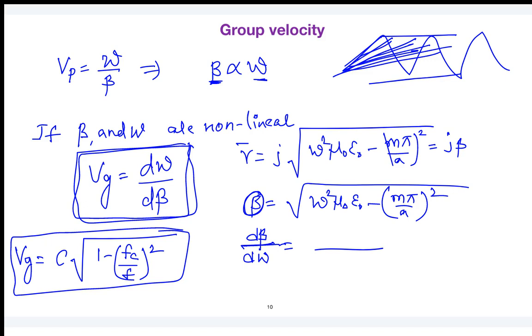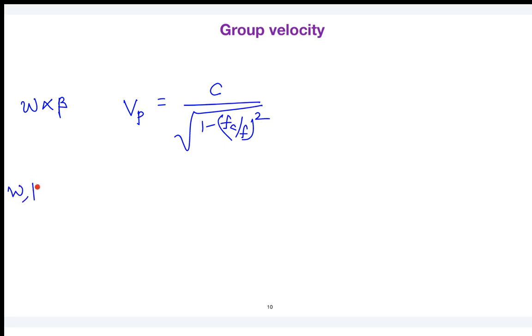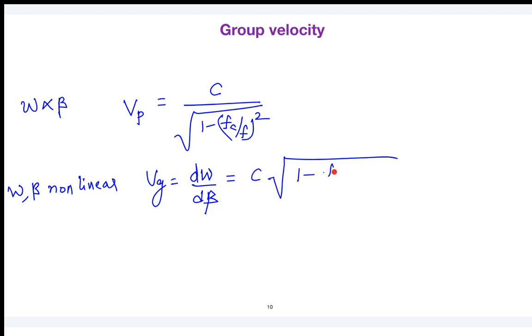So what is the summary here? The phase velocity comes into the picture when omega and beta are linear to each other. That value is equal to c by root over 1 minus fc by f whole square. If omega and beta are non-linear, your group velocity will be defined as d omega by d beta, which gives c into root over 1 minus fc by f whole square. Using this, you can verify that the phase velocity into group velocity is equal to c square.